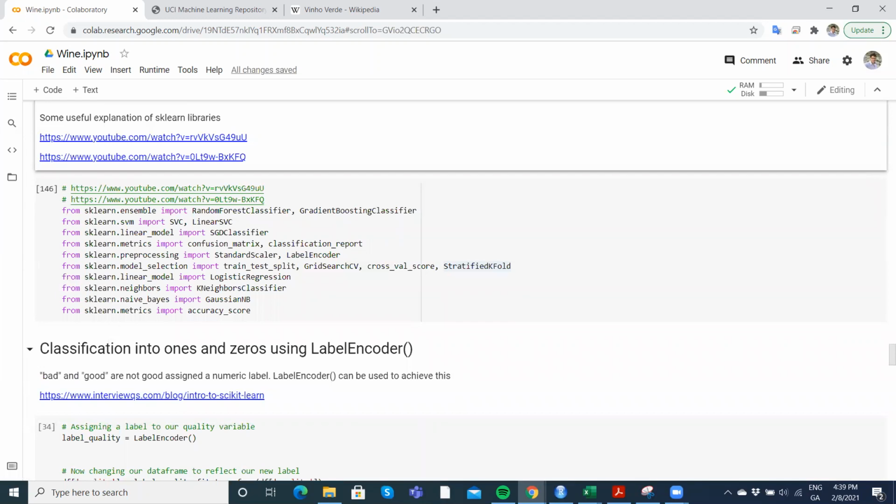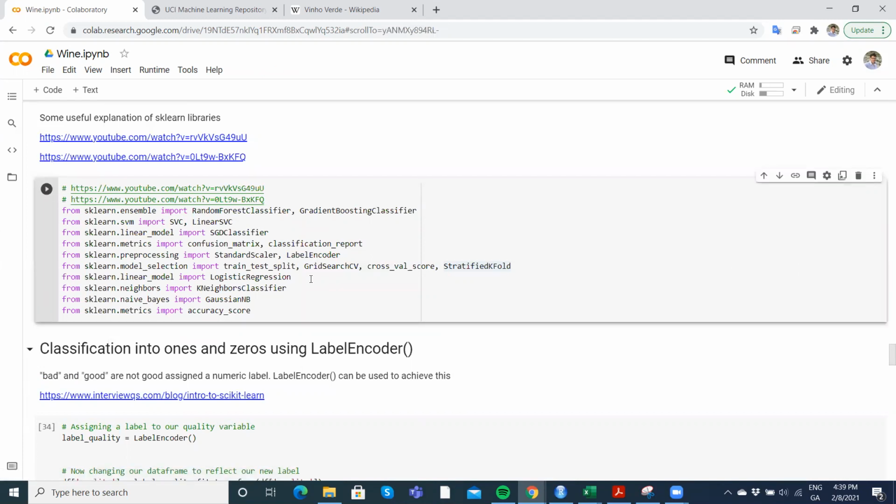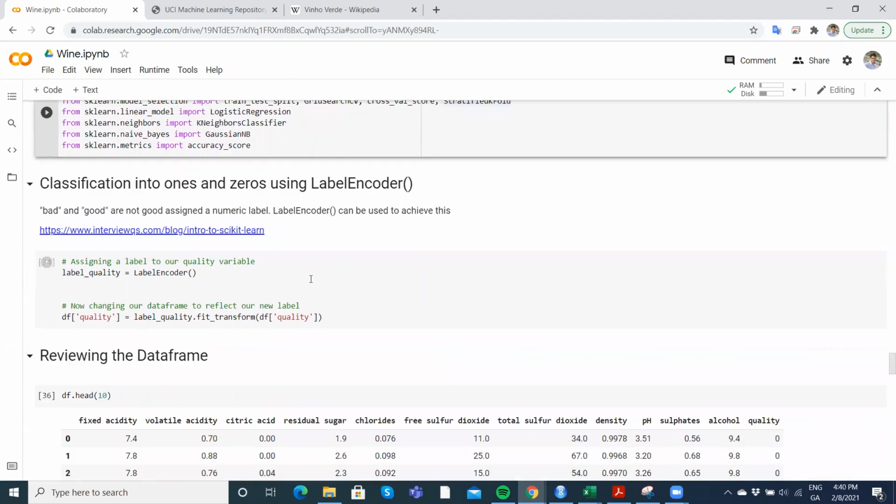And it stems from the notion of a SciKit, a SciPy toolkit. Okay, so we import those in, and then we have to take our good and bad and set them out as zeros and ones.